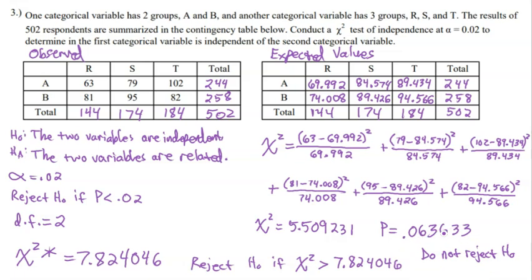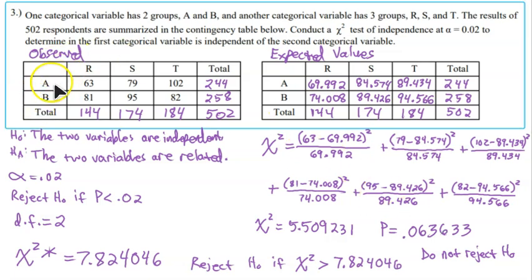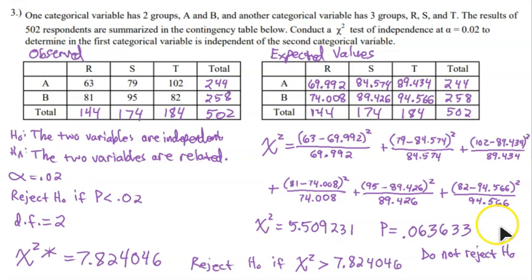And this is a full example of a hypothesis test where we do a chi-squared test of independence to see if the 2 variables, the one that has A, B as categories, is independent of the variable that has R, S, T. And in this case, they are independent because we do not reject the null hypothesis.